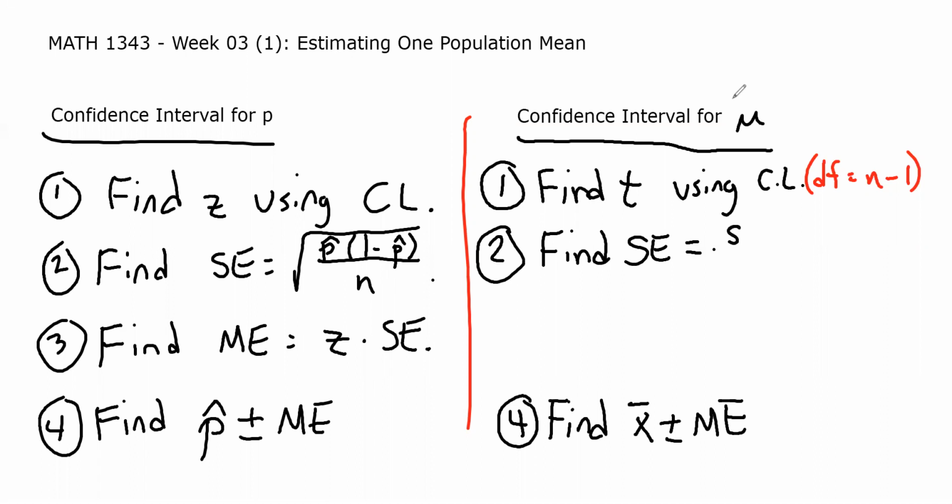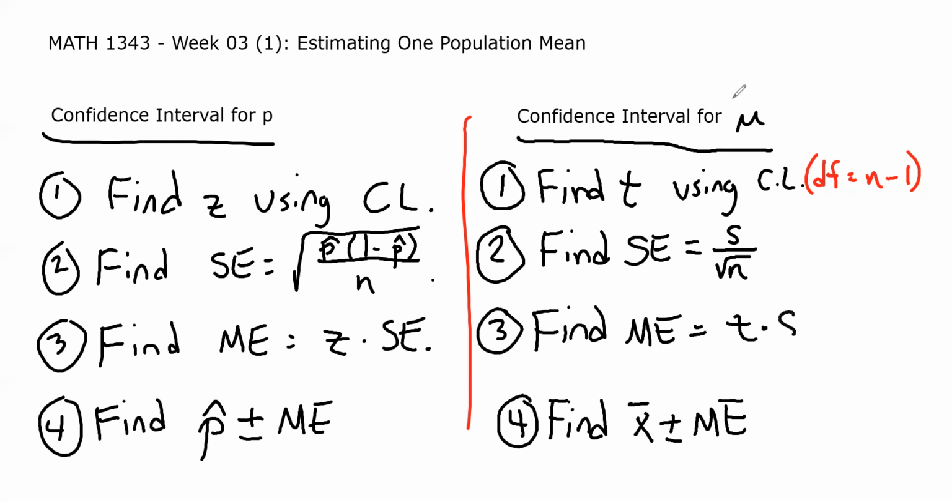It's s over the square root of n. Just a reminder, lowercase s is the sample standard deviation. Your third step, finding the margin of error: although the formula is slightly different, the premise is exactly the same. To find the margin of error, you just multiply the first answer times the second, the standard error.